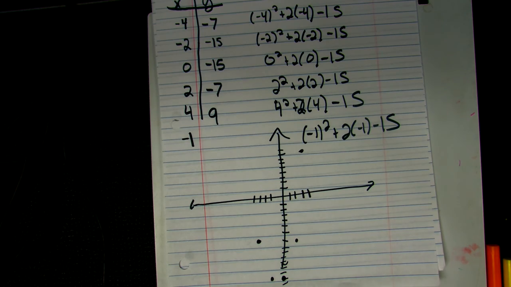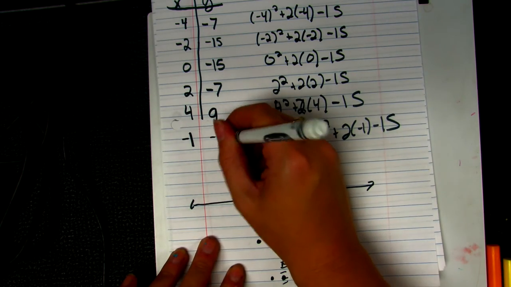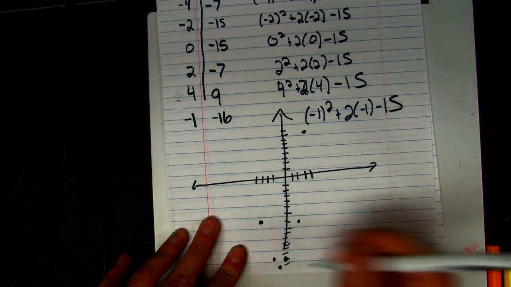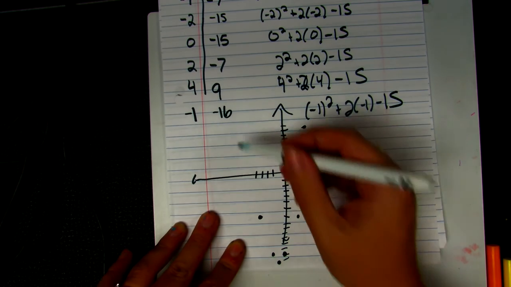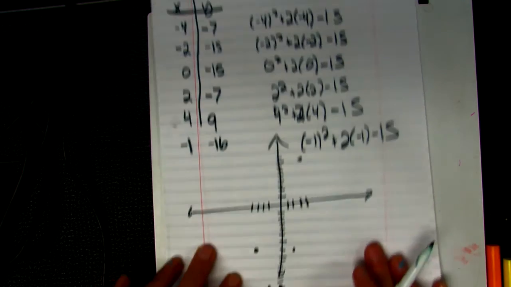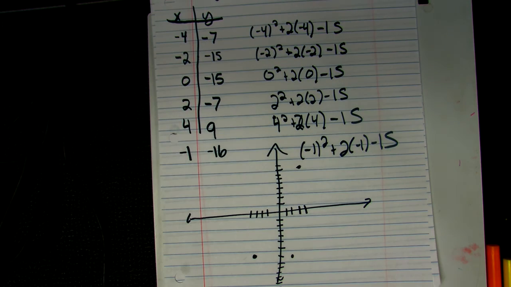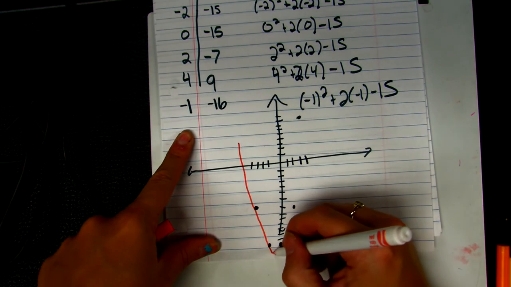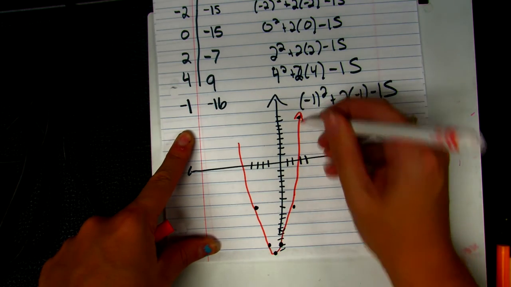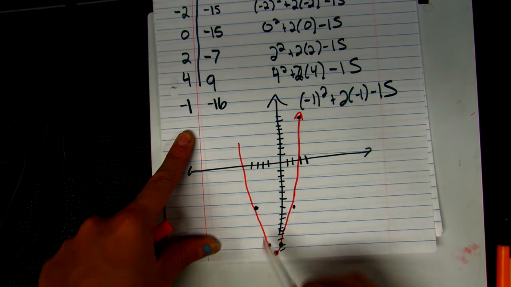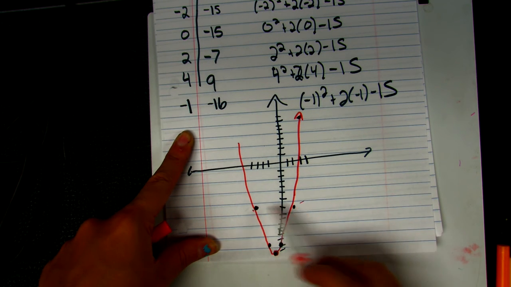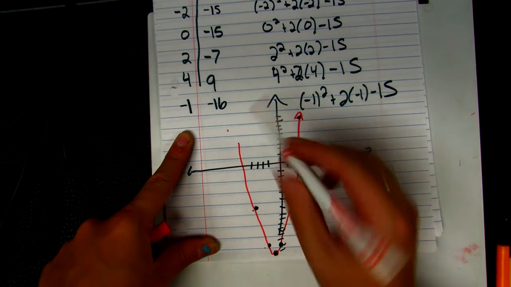That would give us -16. Okay, which kind of makes sense. That means it's right here. Okay, so now if you look, it looks like my graph is kind of curving down and then curving back up. And then it also looks like after this point right here, when it goes back up, it's matching. Like you see how it has an equal amount.